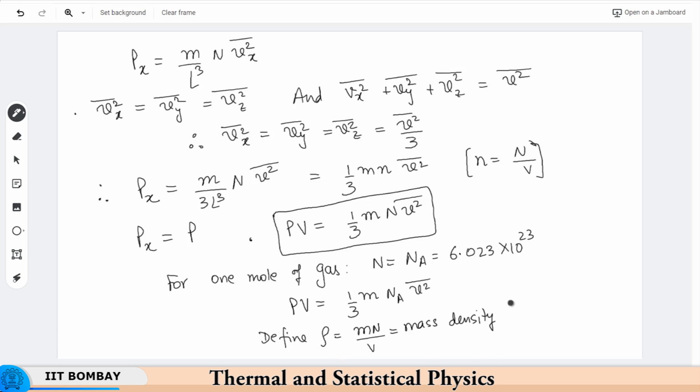This is the mass of the gas per unit volume. So we can write our pressure as 1 by 3 rho V squared average. This is the expression for the pressure exerted by a certain density of gas, which is moving with a certain mean squared velocity of V squared average.